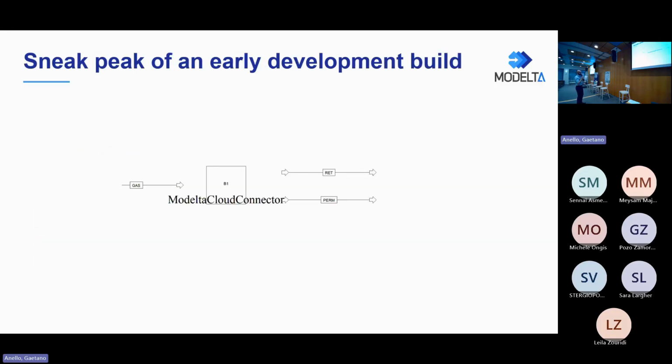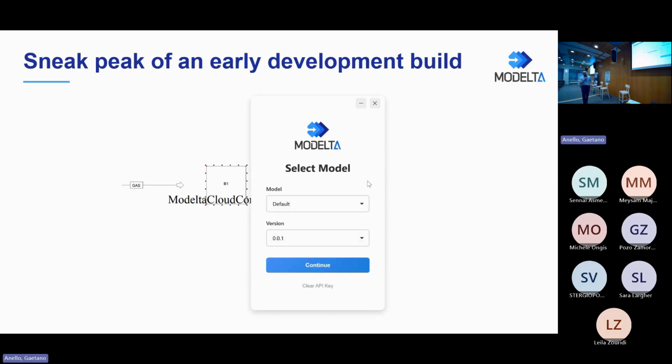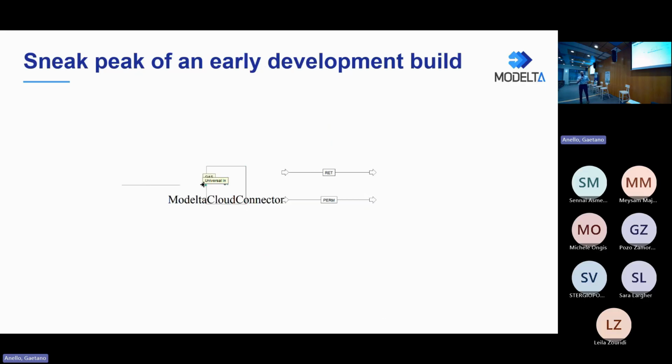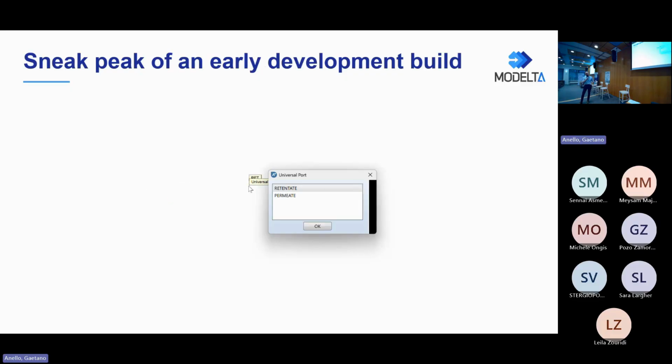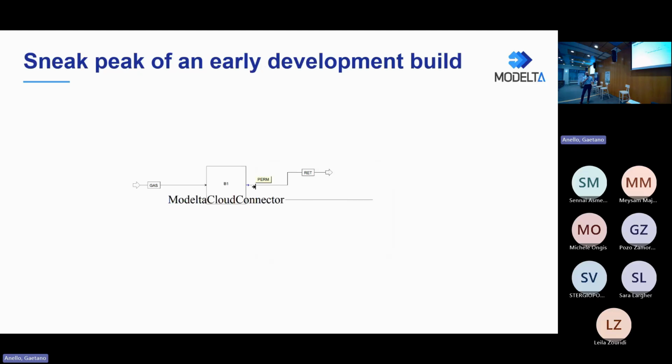Okay, so I have a little bit of a video here to show you that this actually does work. So when you open our block, you get this little model selector. Now it has a default model. It will configure the block with the proper inlets and outlets. So this will also change when you change the blocks. You click the play button in Eindhoven, you'll get a nice little pop-up that says calculating.